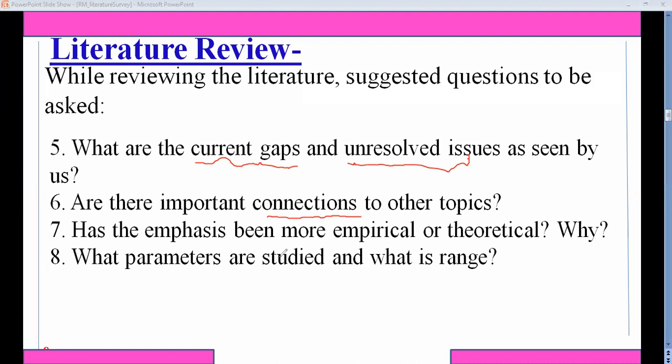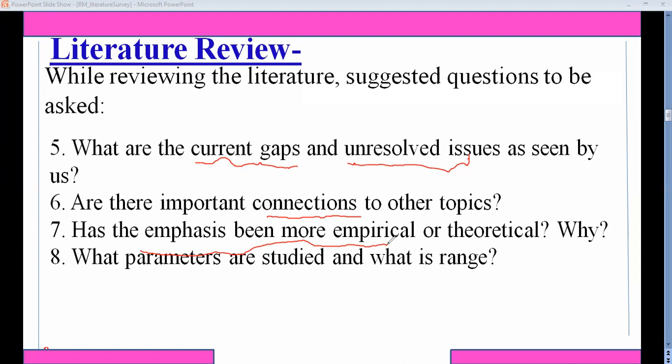And then we have to see how people do the research in a particular area. If I say in our heat transfer enhancement, people mostly do experimental work. There are also possibilities of numerical work, but people trust more experimental, more empirical. So in the literature survey, we have to see which approaches more people are following.